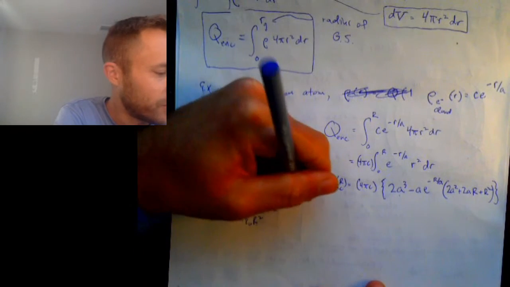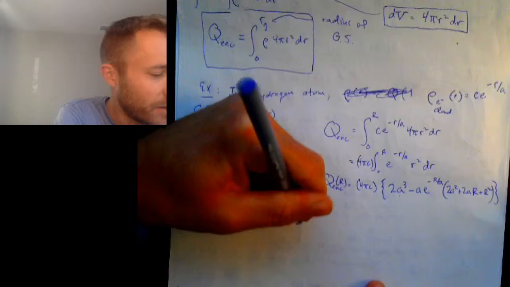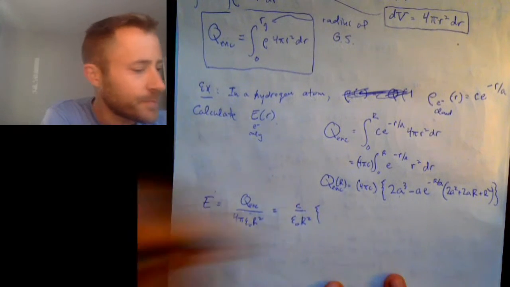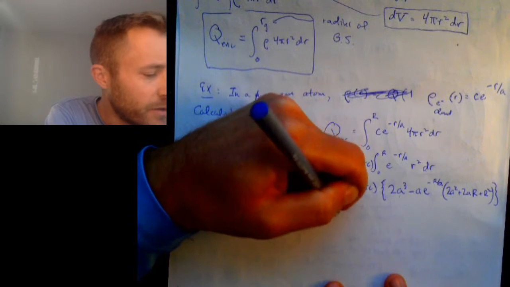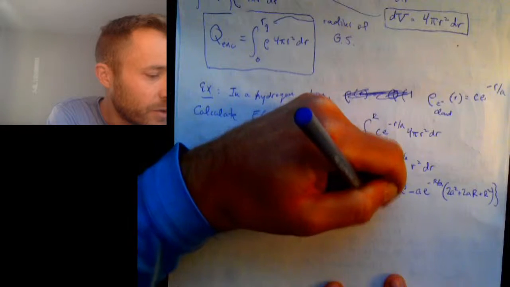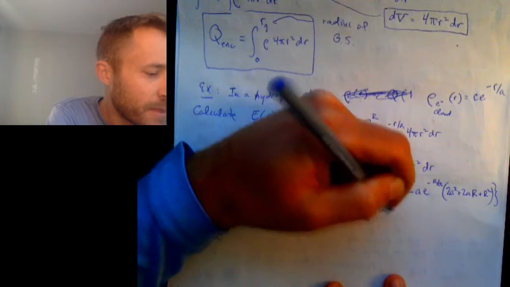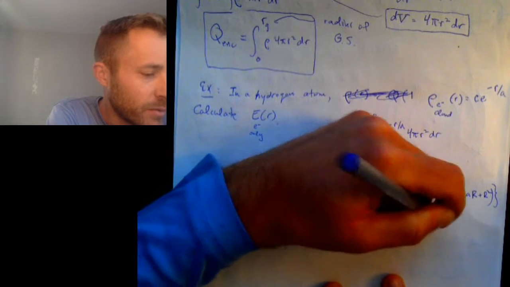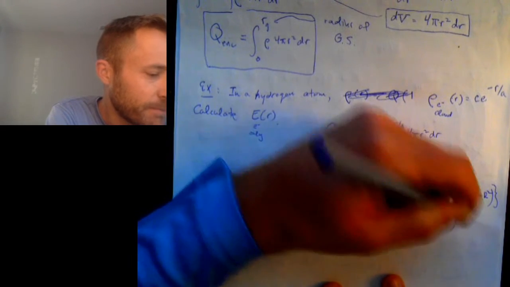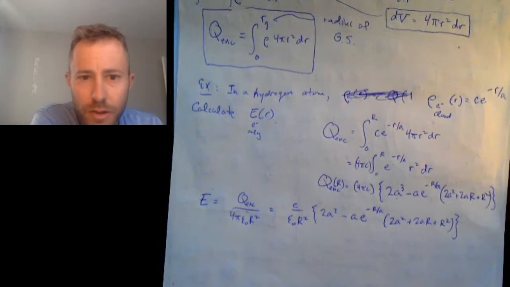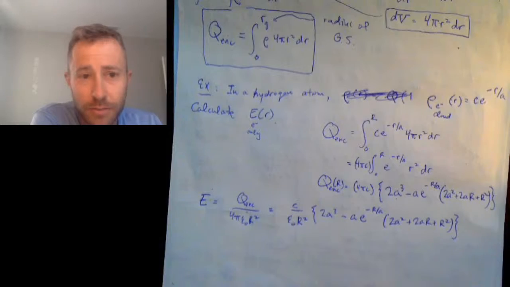So I will get C over epsilon naught r squared times the quantity 2a cubed minus a e to the minus r over a times 2a squared plus 2a r plus r squared. All right, so that's not a very nice answer, okay?